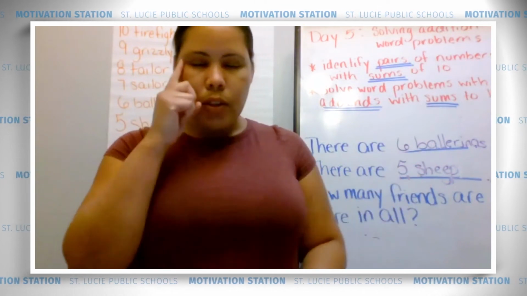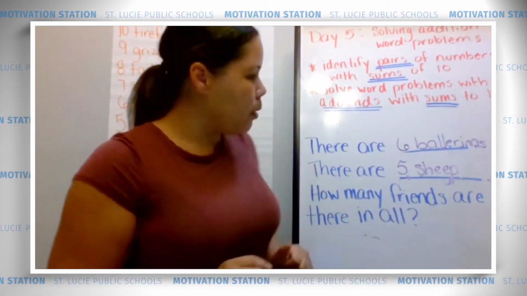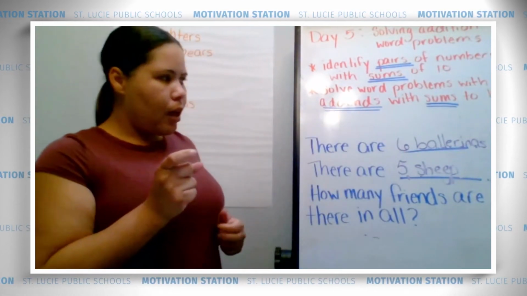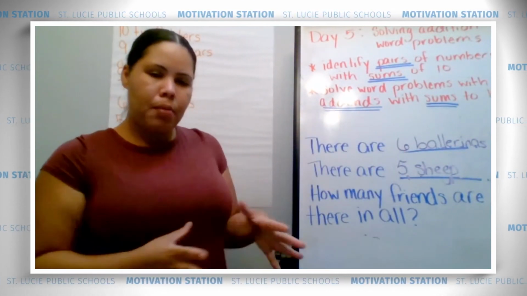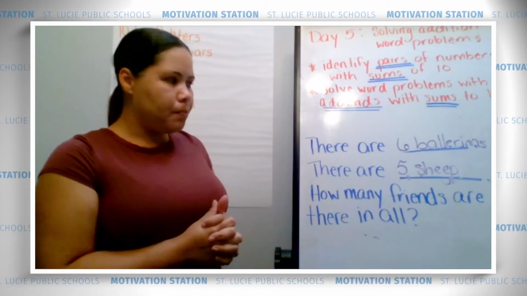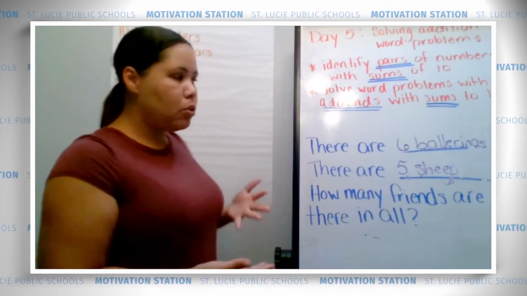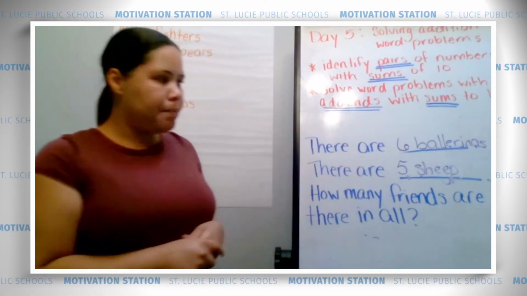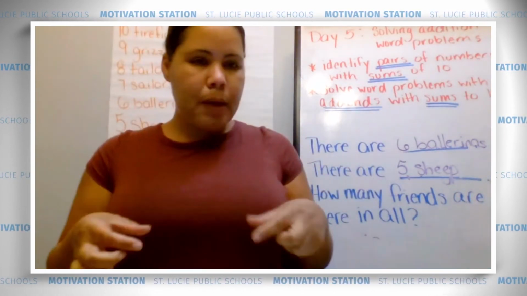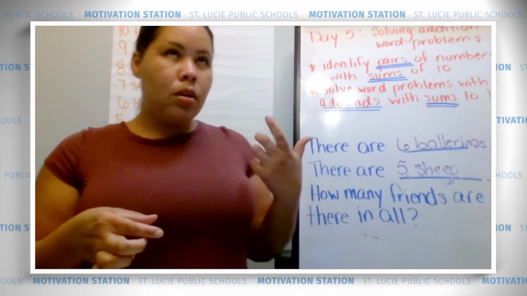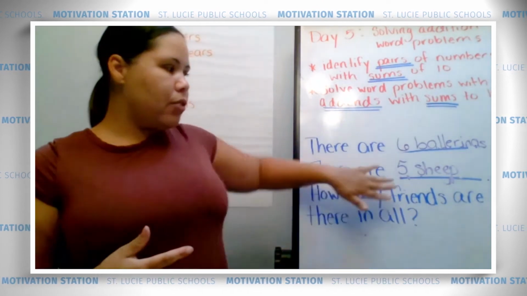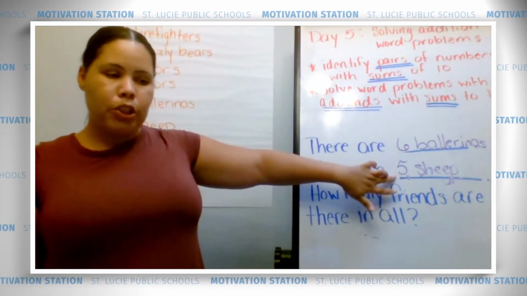Again, I'm going to think in my 10 frame. If I have 6 tiles, how many more would fill up my frame? Once you know that, you will know, is our answer going to be greater than 10? If I have 6 ballerinas, 4 more tiles would fill up my 10 frame, but I have more than 4 sheep.